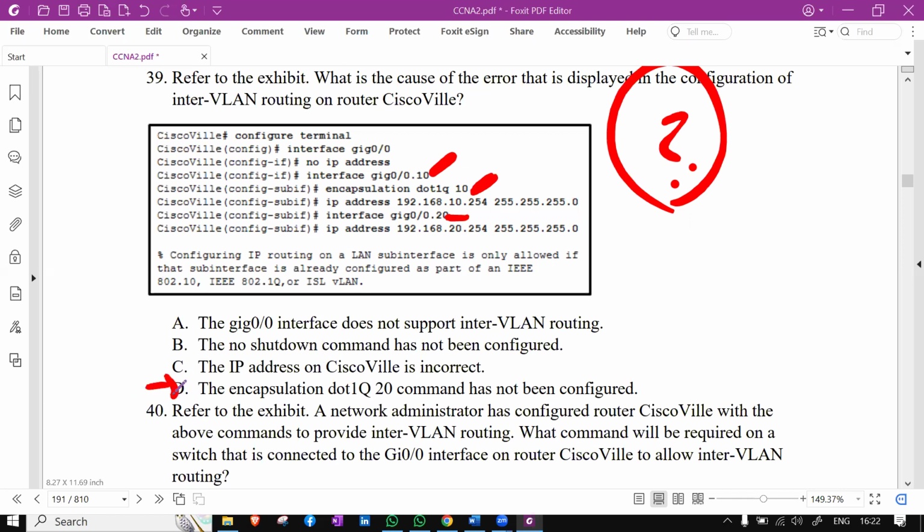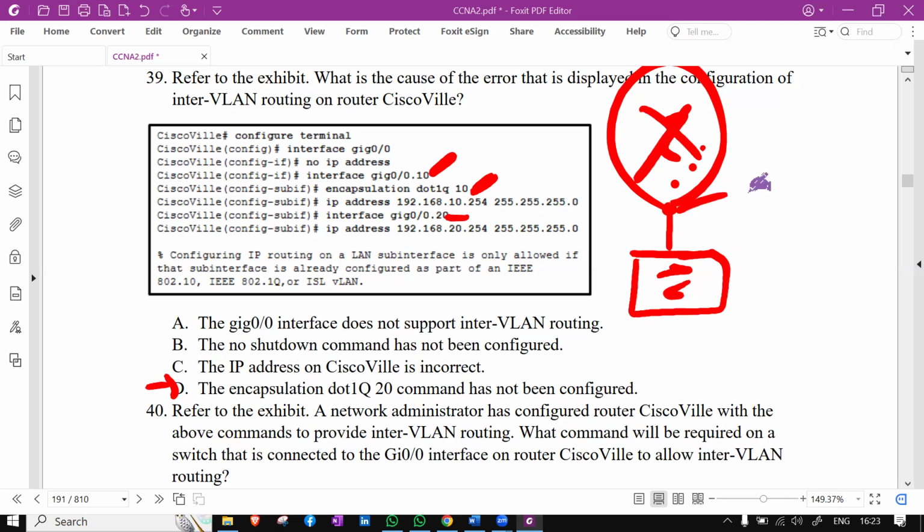Our answer is D. The encapsulation dot1Q 20 command has not been configured. And what's the use of that command? That command is used to associate an interface with the VLAN. So what you are doing on a router, on an interface, is inter-VLAN routing.